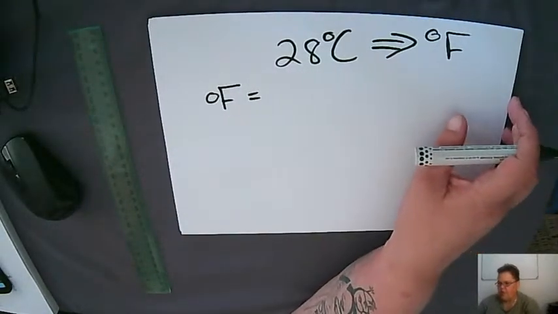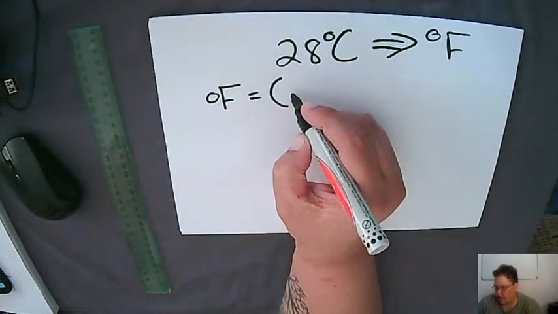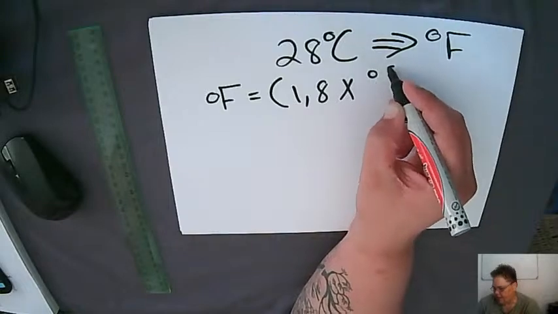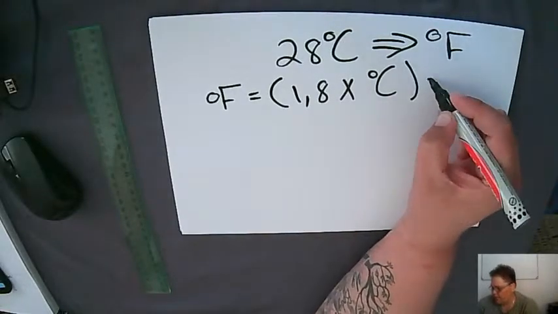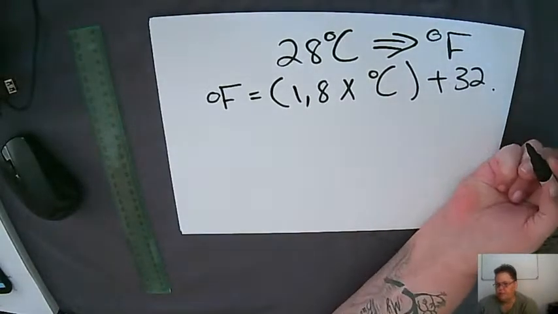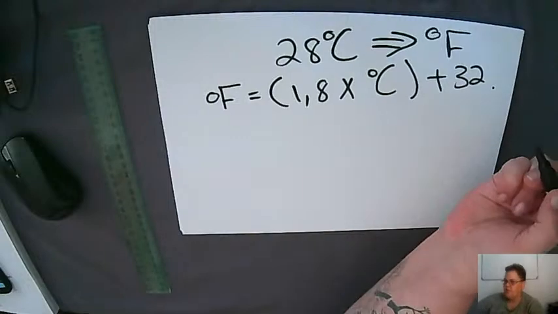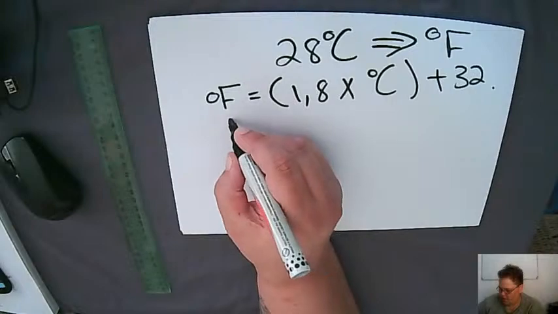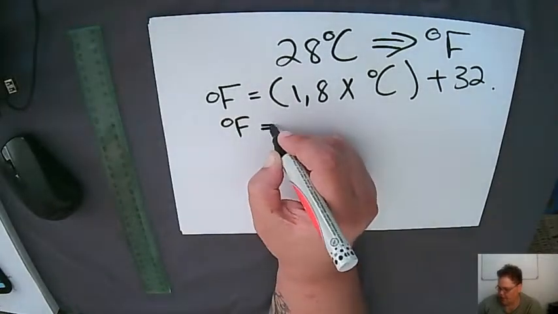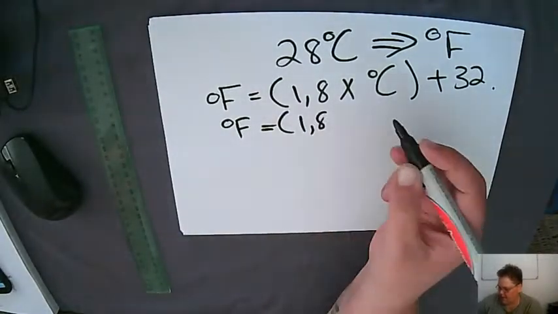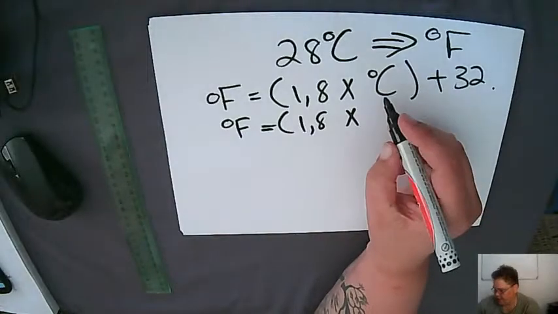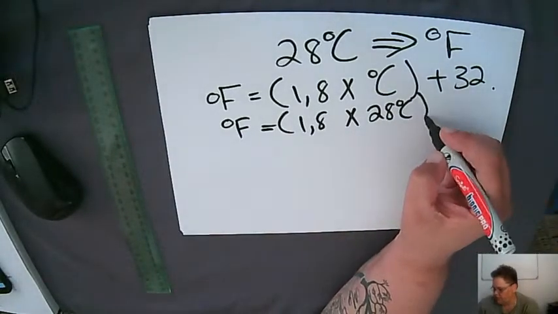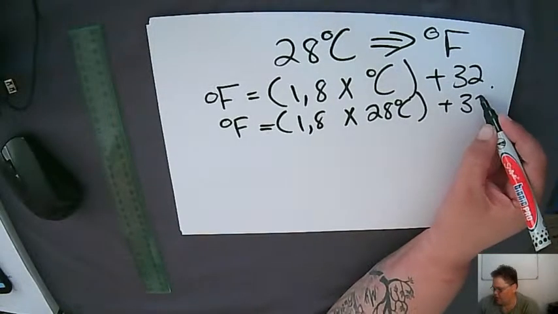So the formula is 1.8 multiplied by the degrees Celsius plus 32. Now we are going to put this information into the formula. Degrees Fahrenheit equals 1.8 multiplied by 28 degrees Celsius plus 32.